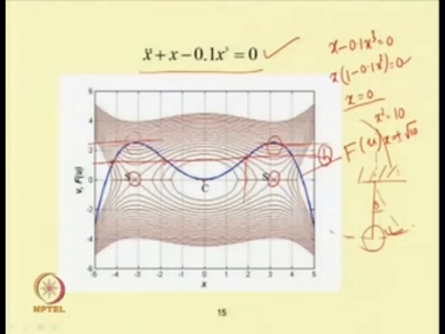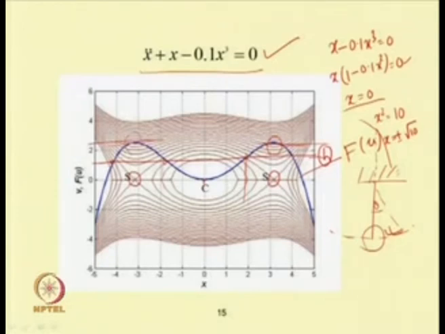For this total energy h, we see that up to this value f u is less than h, so we have some motion corresponding to this, and corresponding to this there will be no motion of the system. As h is more than f u, we have motion.